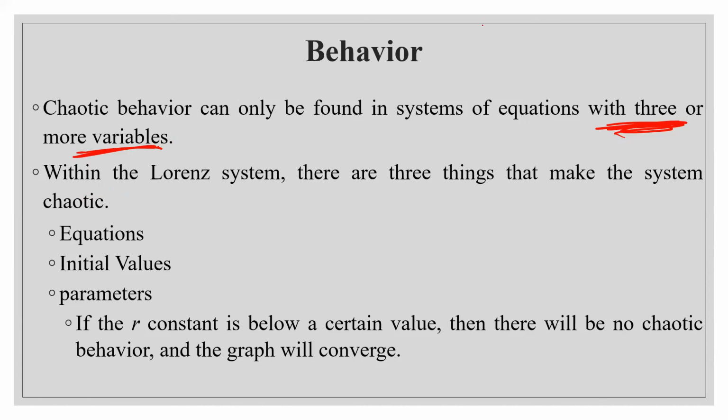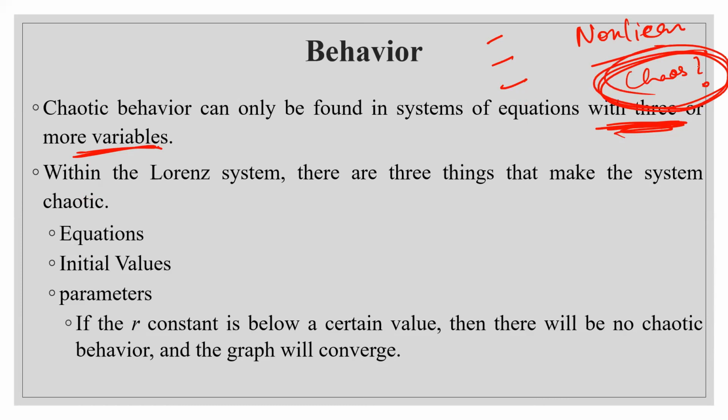But if you have a system with three variables and it is non-linear, then you can suspect whether this system can have chaos or not. This is also an area of research. And obviously, for every parameter chaotic behavior is not observed.